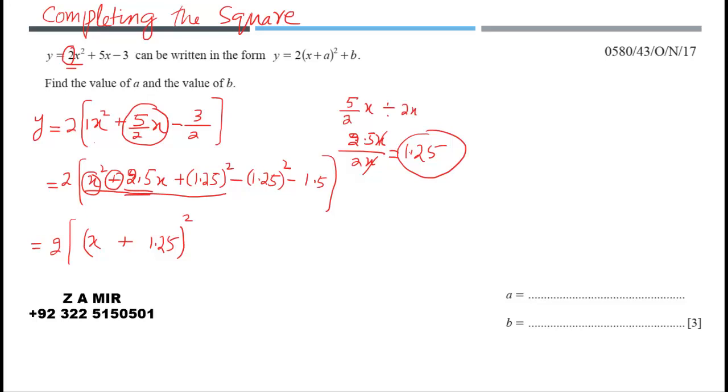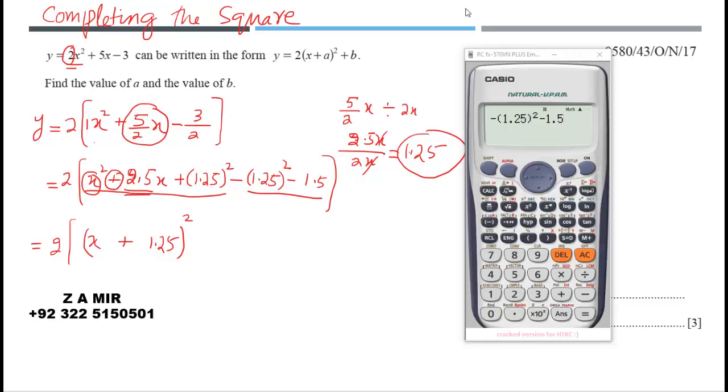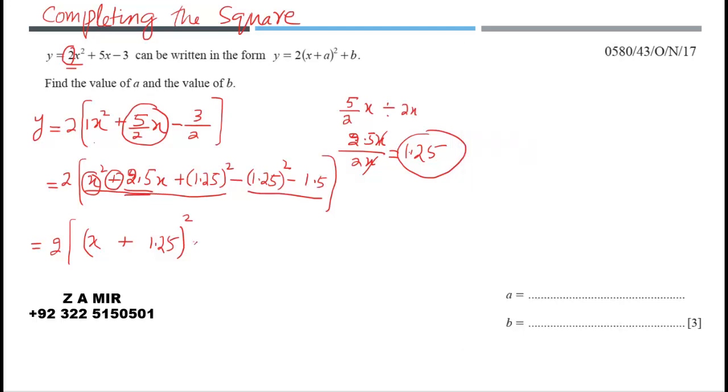It will disappear. The next is we will combine these two. Okay, it will be minus 49 over 16. It is better to write it like this, minus 49 over 16.